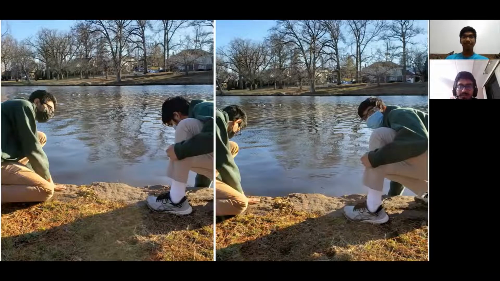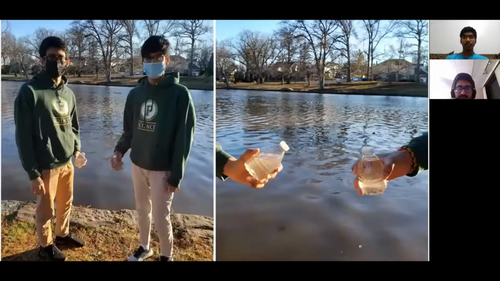This location is Totowa Avenue, where we expected to find fewer chemicals in the water sample. This is because it is far away from the industry, but still connected to the Passaic River. This is me and my partner collecting the water samples there.